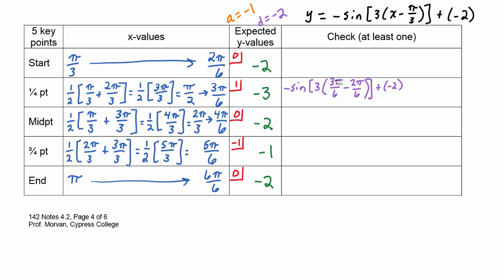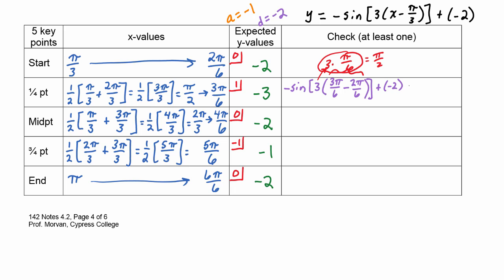So 3 pi over 6 minus 2 pi over 6 will be 1 pi over 6. This will be pi over 6, which we have to then take times 3. So 3 times pi over 6 is pi over 2. So that argument there is going to turn into pi over 2.